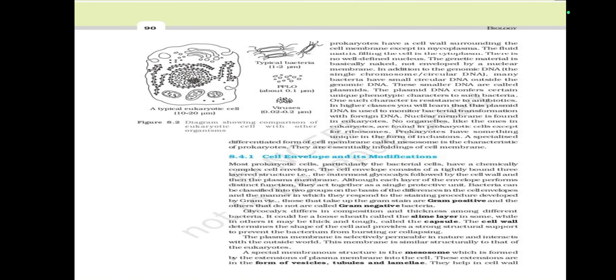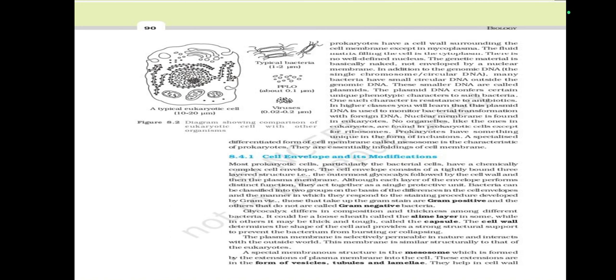Bacteria can be classified into two groups on the basis of differences in the cell envelopes and the manner in which they respond to the staining procedure developed by Gram. Those that take up the gram stain are gram positive, and the others that do not are called gram negative bacteria.